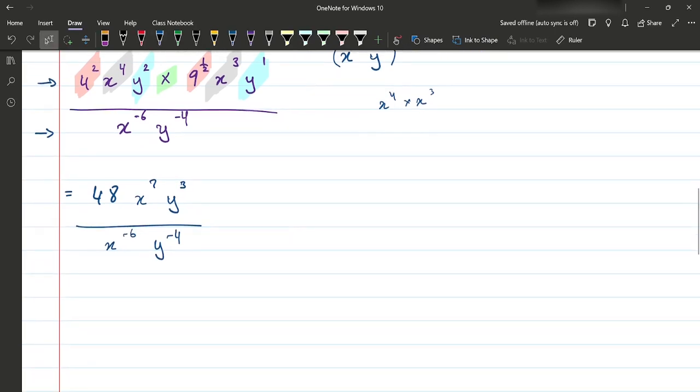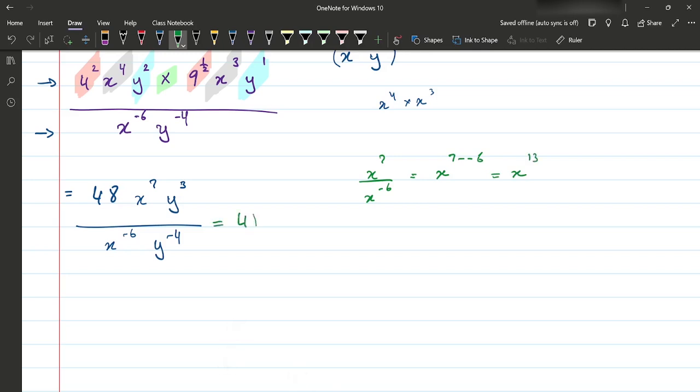Okay, now we don't really have any other integer term to multiply or divide, so we're just going to leave 48 the way it is. And then we're going to move on to our other terms. X to the power 7 divided by x to the power minus 6: x to the power 7 minus minus 6, which is x to the power 13.